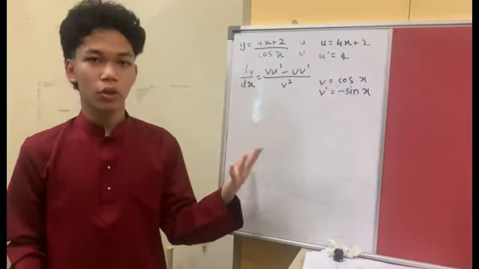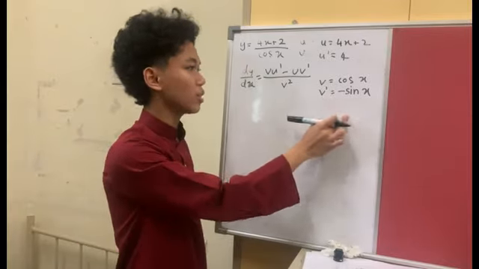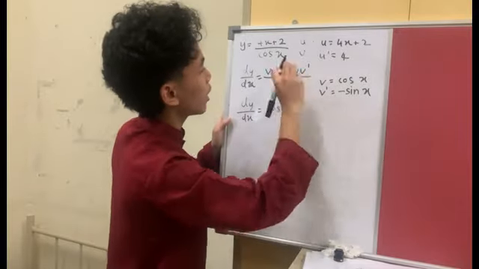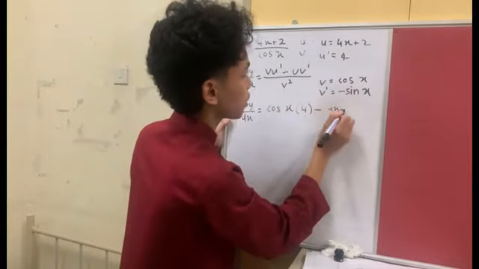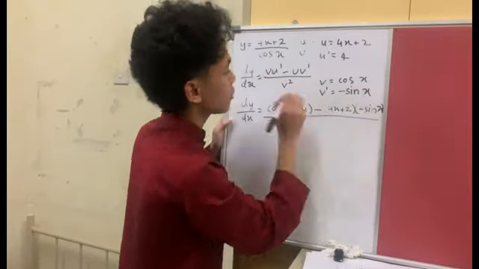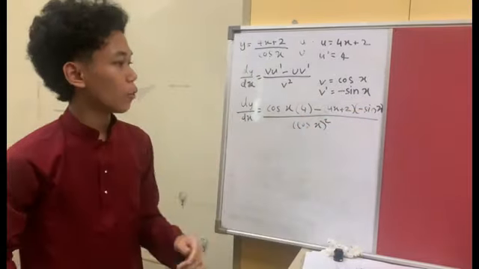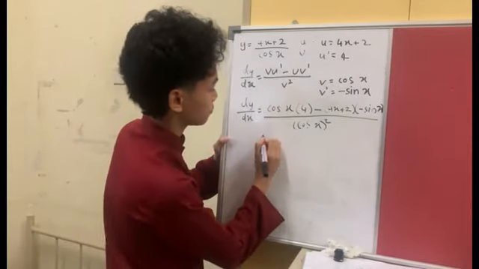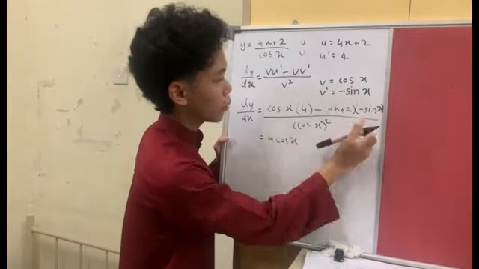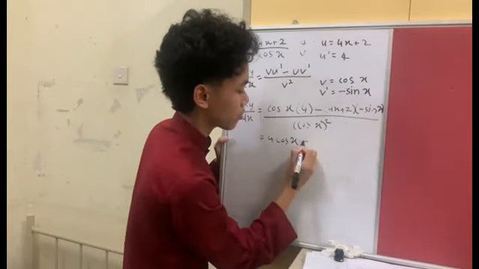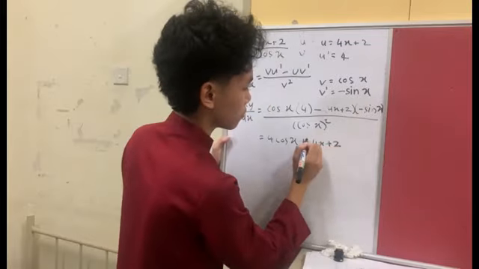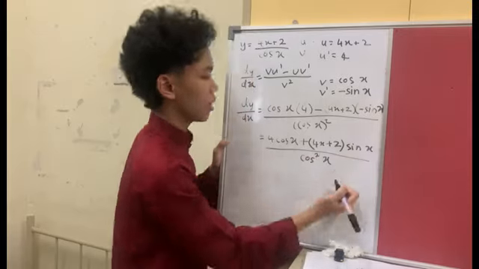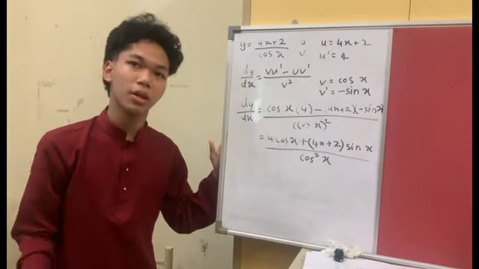Once you've got all this, we just plug this equation into this formula. So we're actually done here, and we just need to simplify this equation. We are all done for question 2, part B.